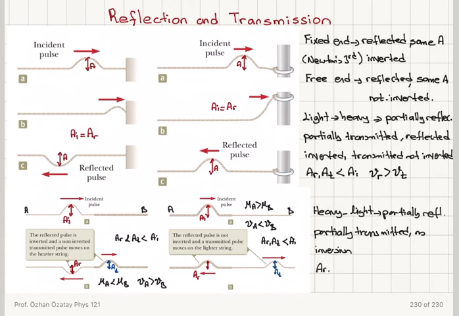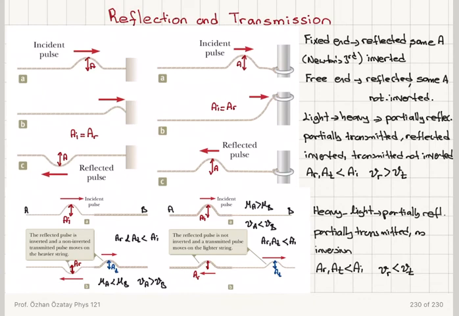And the reflected and transmitted pulses will have an amplitude smaller than the incident pulse. The reflected pulse, because it stays on the heavy string, is going to have a propagation speed less than the transmitted pulse.